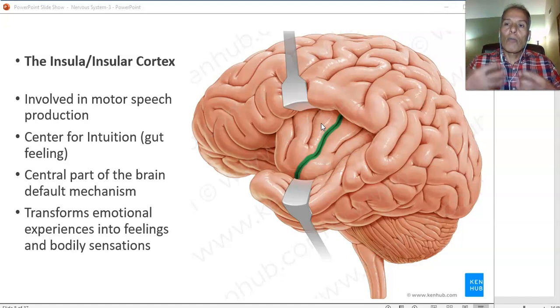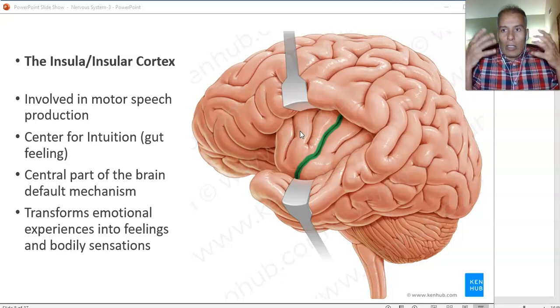So it converts your emotions into feelings that you actually are aware of. So this is where when you say, oh, I really have butterflies in my stomach, it converts nervousness into physical symptoms that you actually feel. You're like, oh, it's like someone kicked me in the stomach.